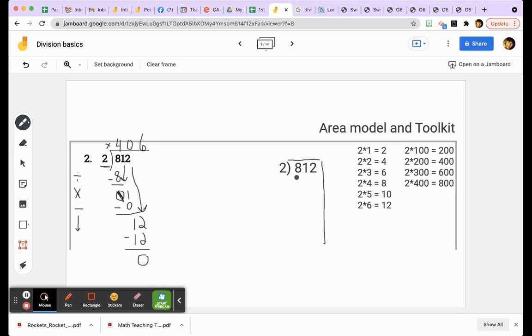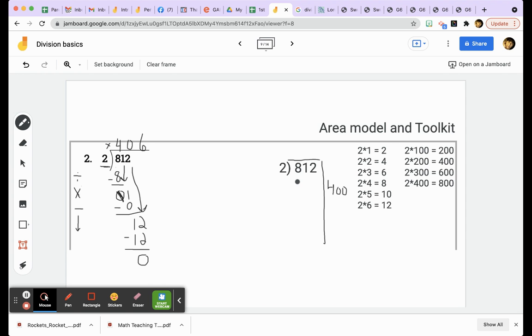So I'm going to look at my dividend of 812, and I'm going to look to see which factors I can find that will be the closest to 812 without going over. And that would be 2 times 400. 2 times 400 is 800. That's very close to 812. So I'm going to put 400 as a partial product.